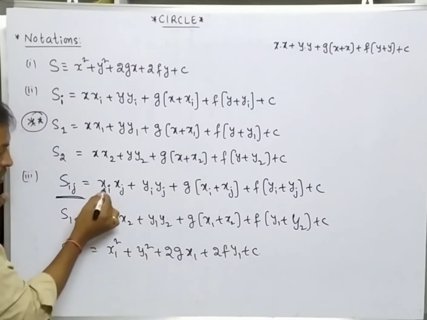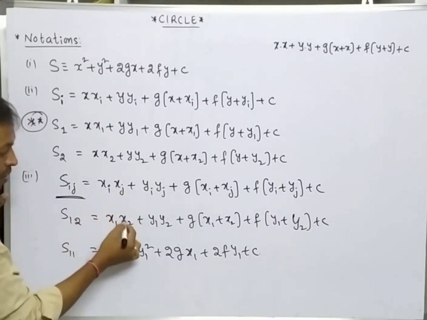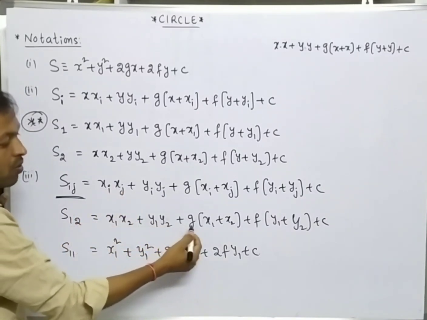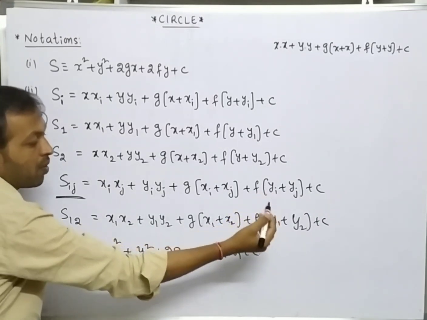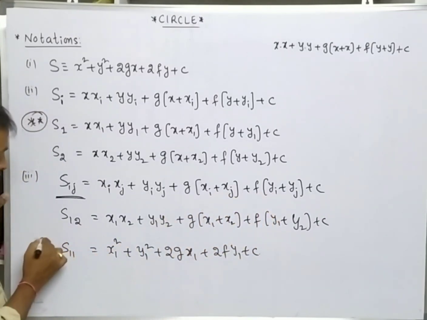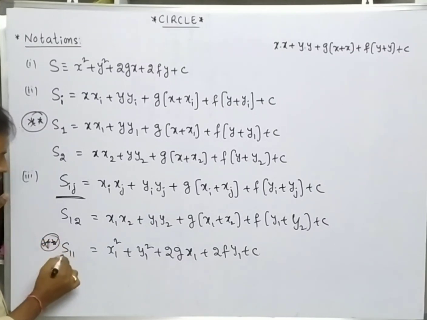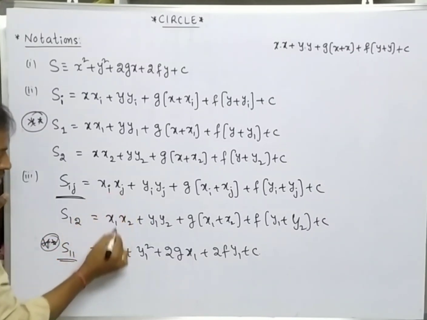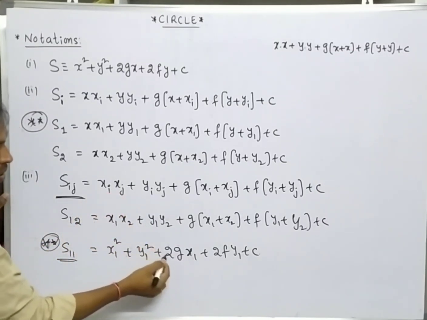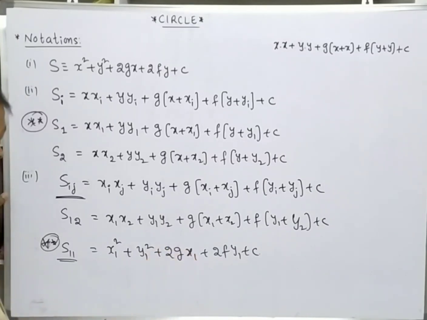So S12 means x1 x2 plus y1 y2 plus g into x1 plus x2 plus f into y1 plus y2 plus c. This is also important. S11 means x1 square plus y1 square plus 2g x1 plus 2f y1 plus c. So these are the important notations. Remember them.